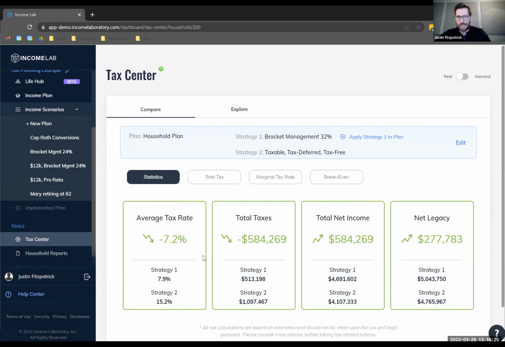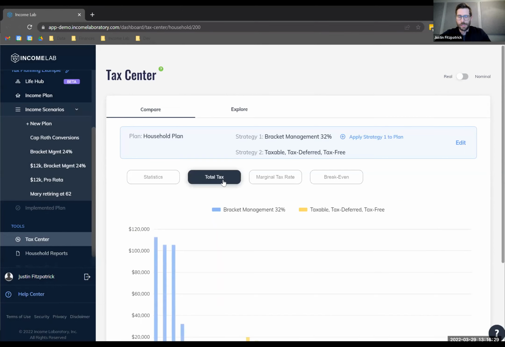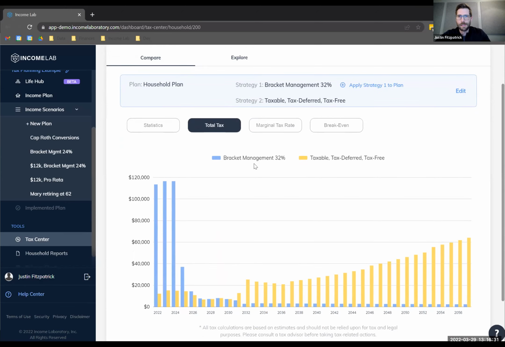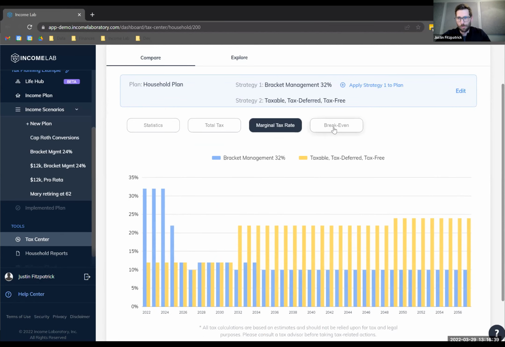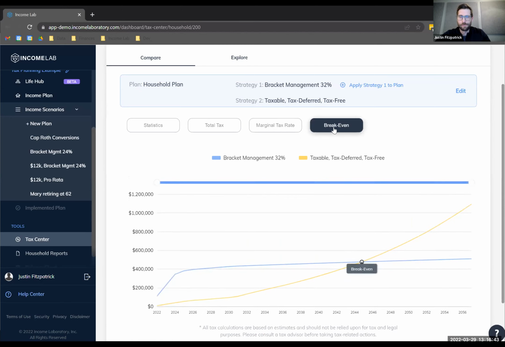Average tax rate, total taxes, net income, and so on. But you have lots of other options, including looking at total taxes. So this includes, by the way, federal and state. Marginal tax rate, this is just the federal bracket, and break-even point. We'll be looking at these again soon.